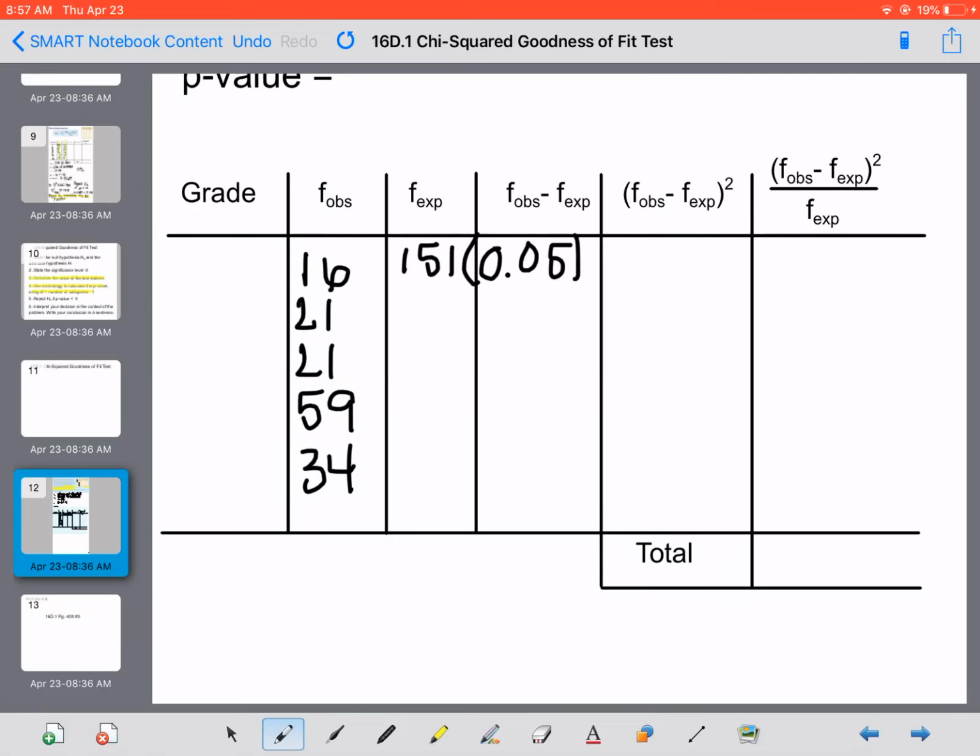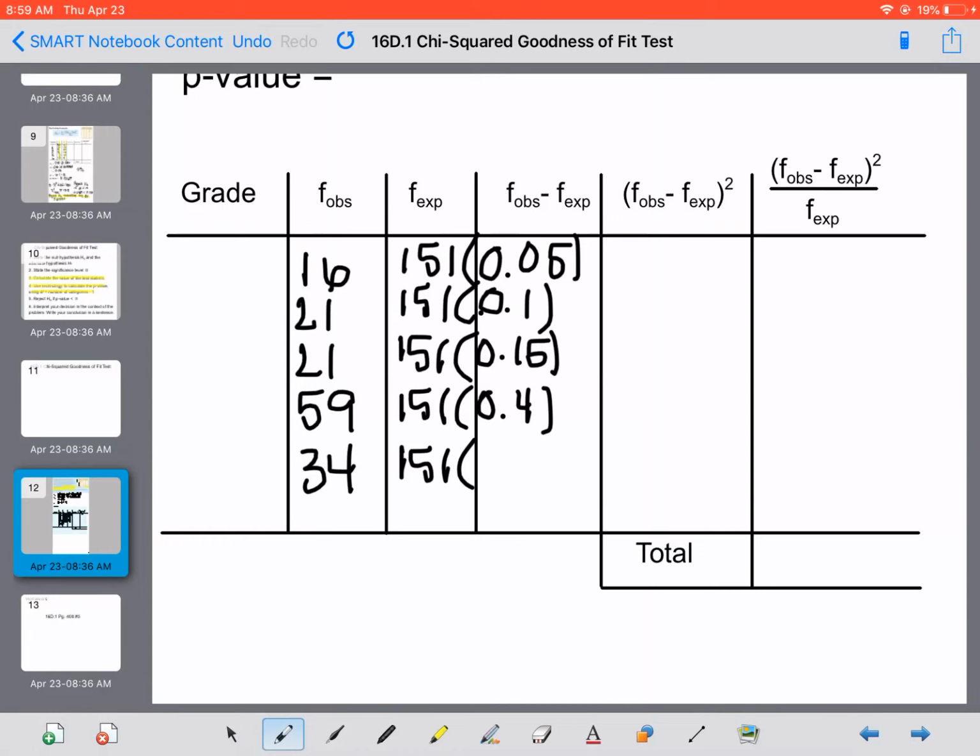And then for the next one, it said it was 10%, so I'll take 151 times 10%. The next one is 15%, so I'll take 151 times 15%. And then I'll do 151 times 40%, and then 151 times 30%.